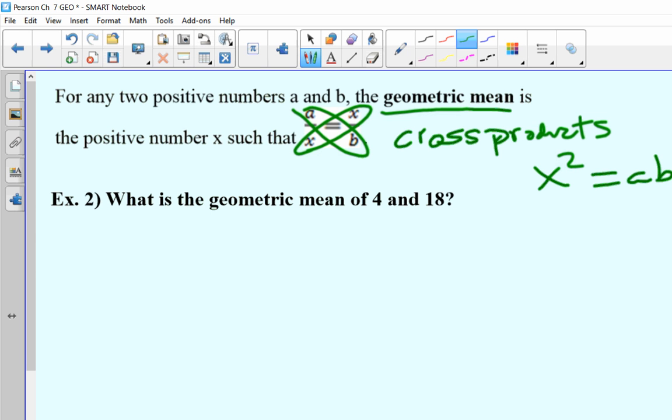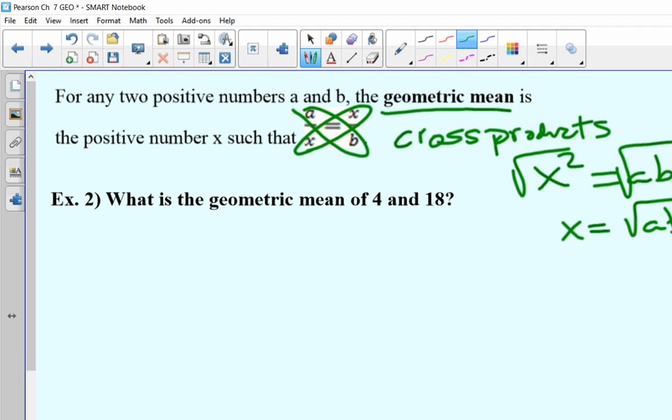Now, really what I'm trying to do is just solve for x. So how do I solve for x here? Well, to get x all by itself, I would take the square root of both sides. Because a and b are not really numbers or values, it's just going to be the square root of whatever a times b is. If it was some number, I could stick it in my calculator and get an actual number.